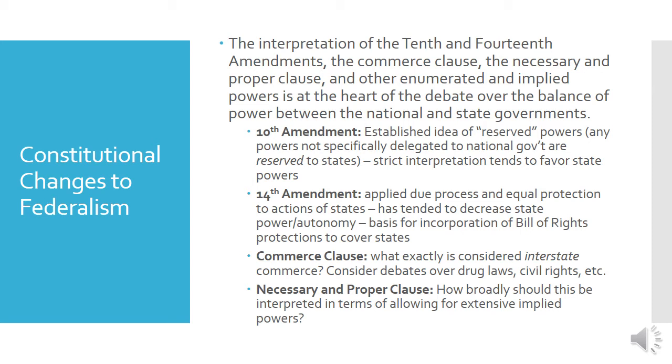But because of the 14th Amendment, which is used for the incorporation doctrine, they then take those protections and apply them to also protect you from actions of the state governments. So that means states have less autonomy and authority to maybe interpret some of those basic civil liberties that you have differently than other states would.